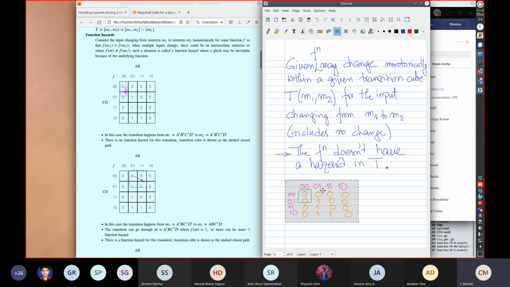Let us consider another transition cube. We don't want to consider this cube right now. So we are interested in a different cube, say this transition cube.